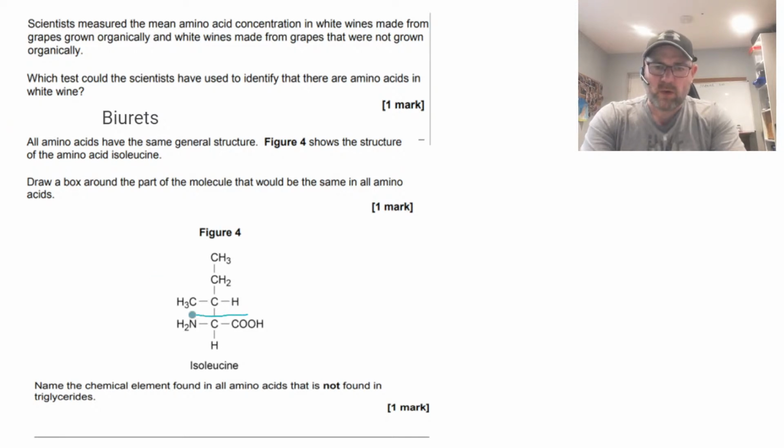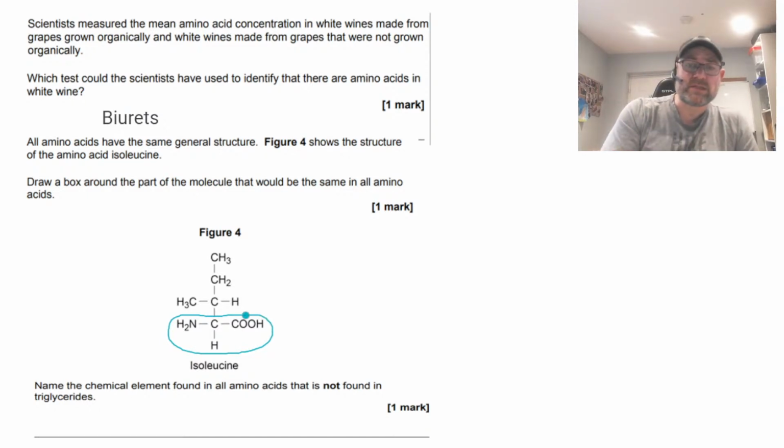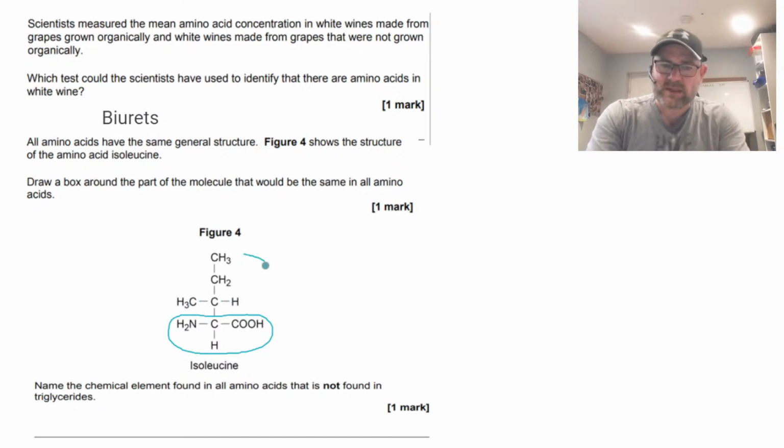The bit that's always the same is this bit. And this amino acid is isoleucine, one of the 20 amino acids. And up here is the variable region, the R group, the bit that can be different on different amino acids.